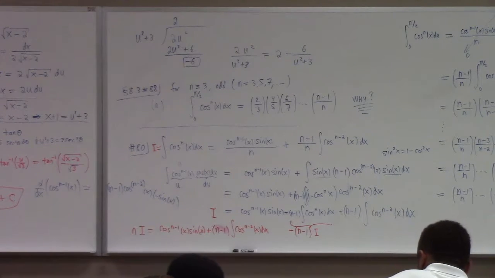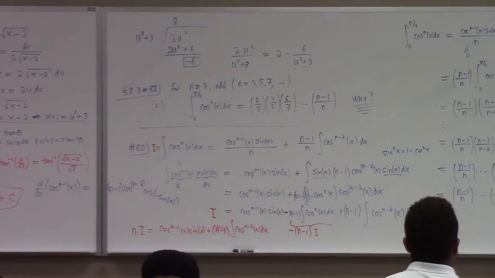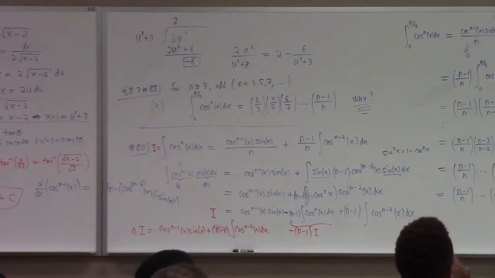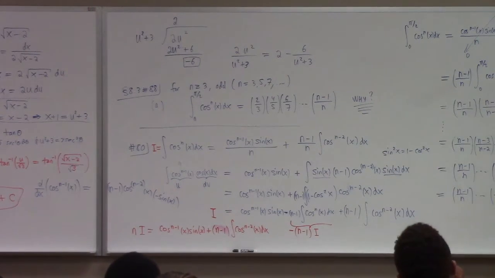Should I show you how this works? So with this formula, if we want to integrate cosine cubed of x, how do we do it? If you know this, you'd say, oh okay, well, that's cosine squared sine x, divided by what? Here n equals 3, right?